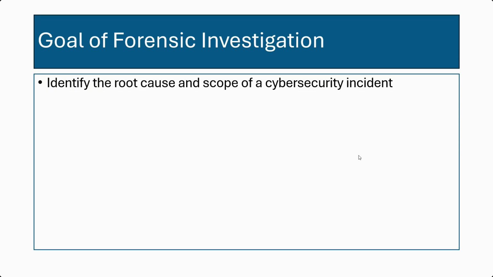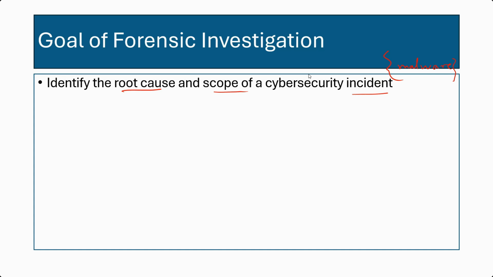Now let's try to simplify and summarize the goal of forensic investigation. It helps us identify the root cause and the scope of security incidents. So if we have the specific malware, the malware sample, and we have collected the network connections and maybe a memory dump, these are all information from when the malware was executing in the network.